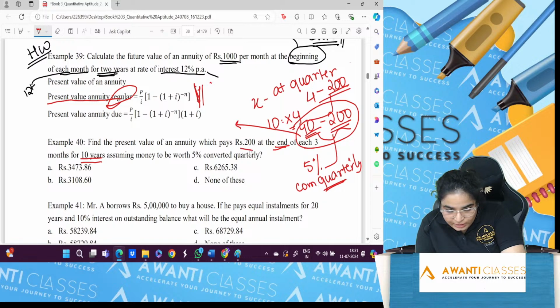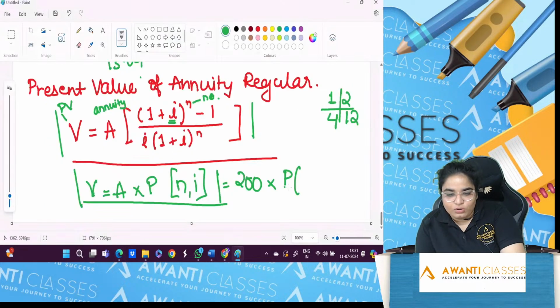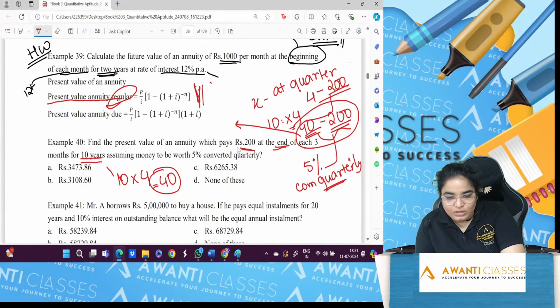Look at this, 200 for 10 years every quarter. So 10 into 4 times in 1 year is 40, correct? So N is 40.